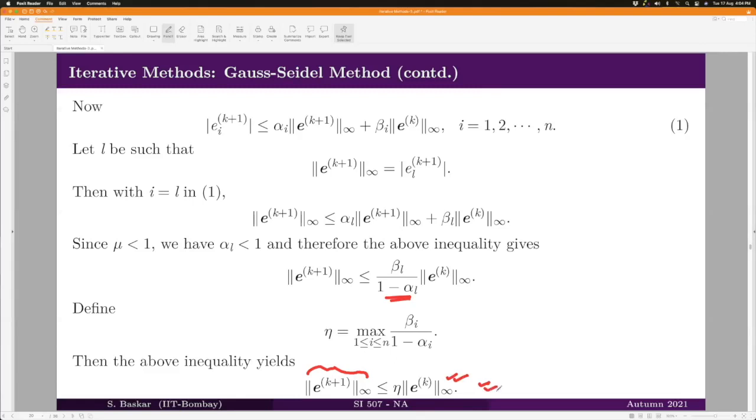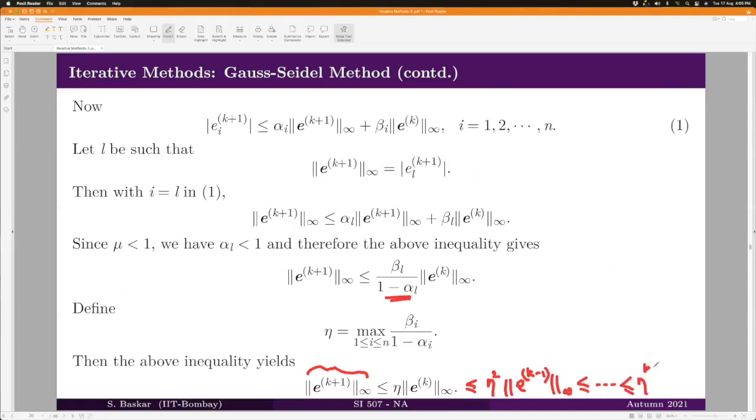Now what we can do is our usual recursive application of the same inequality, and that will give us the result. That is what we can then write. This is less than or equal to eta square norm e^(k-1) infinity, and like that you keep on going.